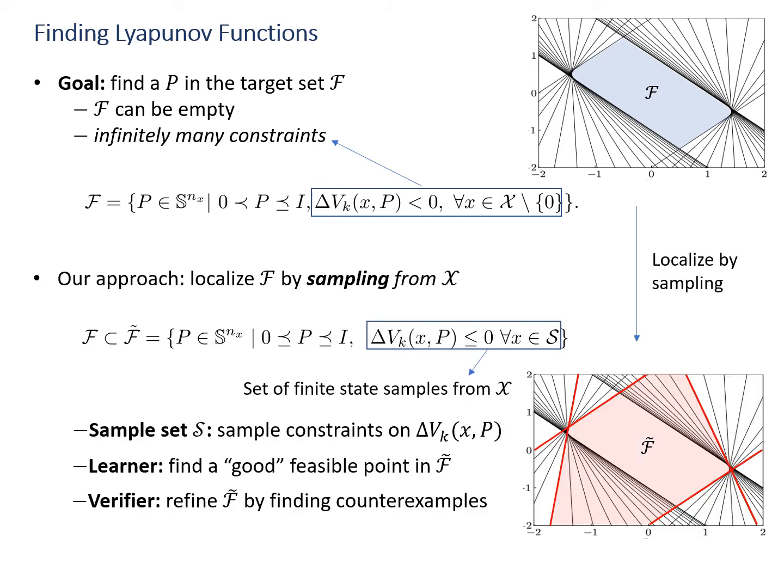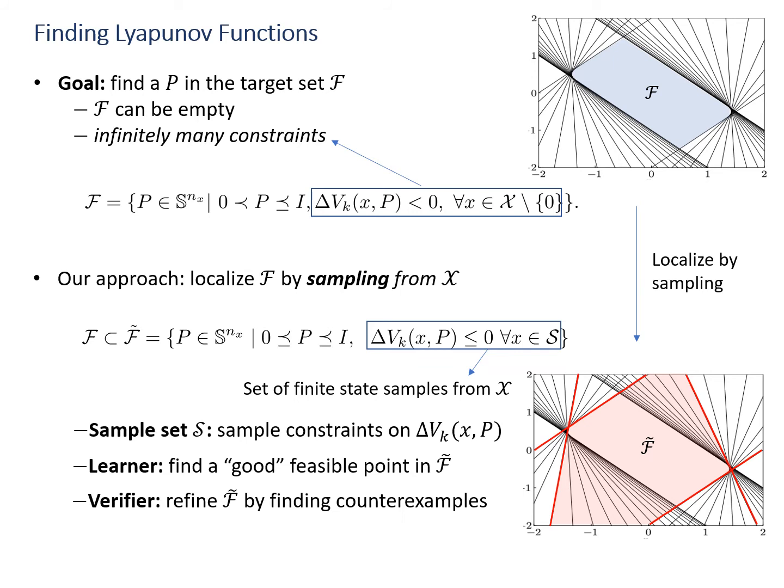Our idea is to localize the set F by a larger set F tilde, which is obtained by using a sample set of constraints that define F. In other words, we over-approximate the set of Lyapunov function parameters by relaxing the Lyapunov decrement condition to hold at only a finite set of samples, rather than the whole region of interest.